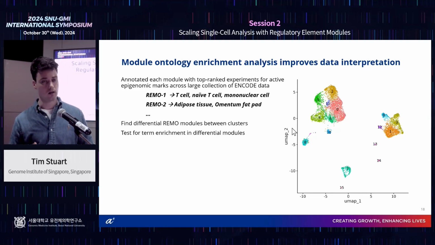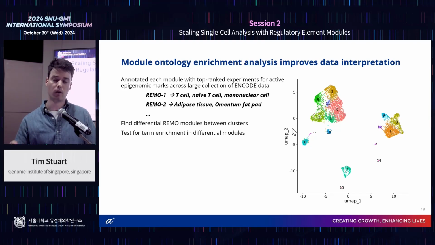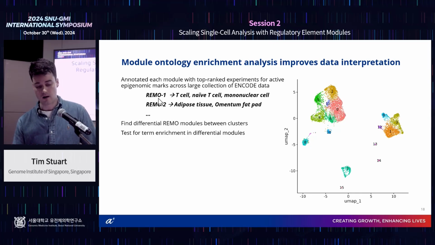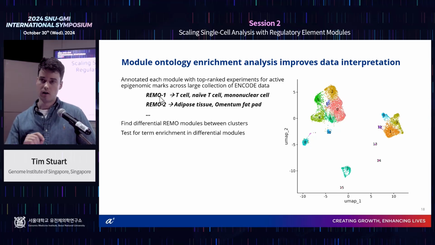And then we started thinking, we can actually annotate these modules with the types of experiments that have the highest signal for active histone modifications, for example, and ATAC-seq experiments, different active marks. So we annotated each of these modules with a list of terms that we derived from the ENCODE experiments that had the highest signal in those cis-regulatory elements.